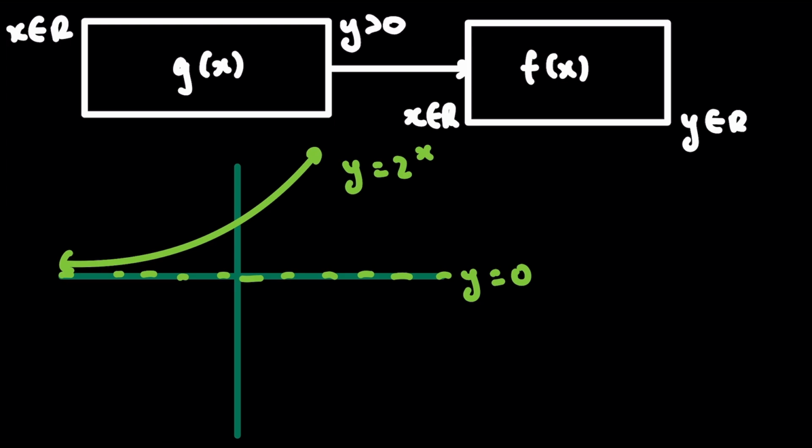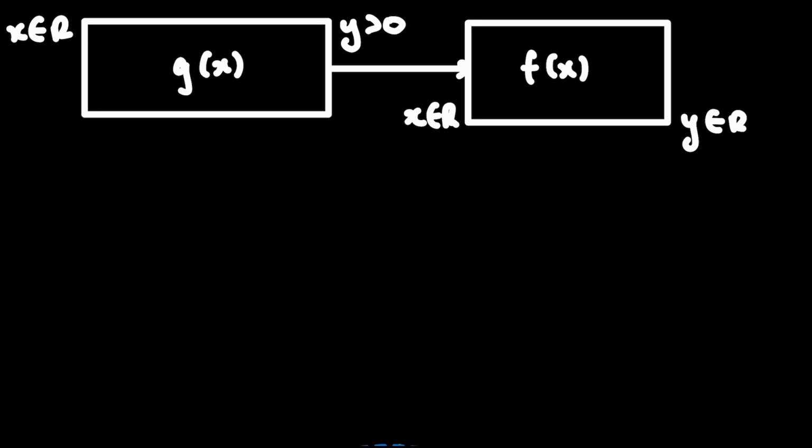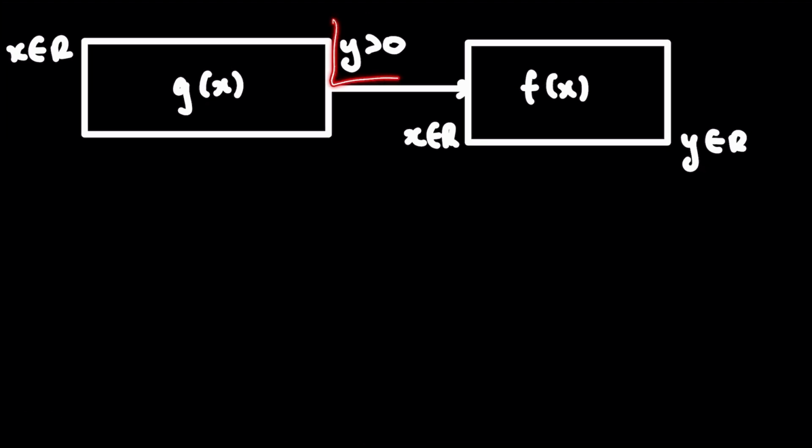So now that I have this, we're going to work out the domain and range of this function. In order to do that, we need to make sure that any number that leaves the first machine is allowed to go into the second machine. So let's think of any number more than 0. Let's say 6.